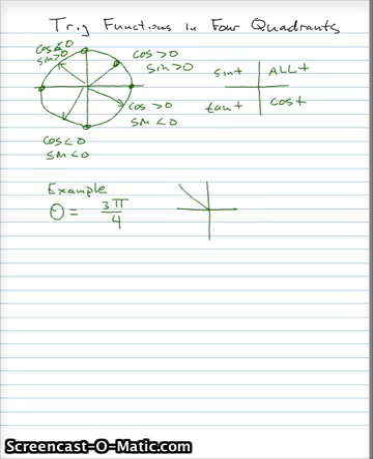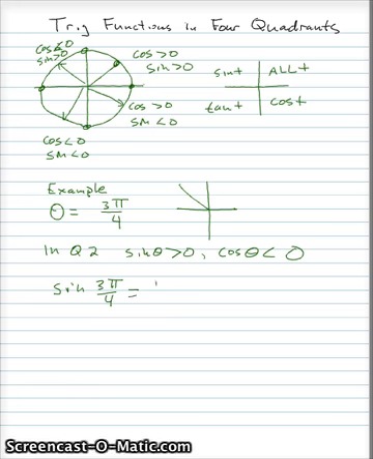That's where 3 pi over 4 is located. Now, if we're in quadrant 2, what's positive, what's negative? Quadrant 2, sine is positive, cosine is negative. The y value is positive, the x value is negative. So knowing that then, the sine of theta will be a positive value, positive of the reference angle.